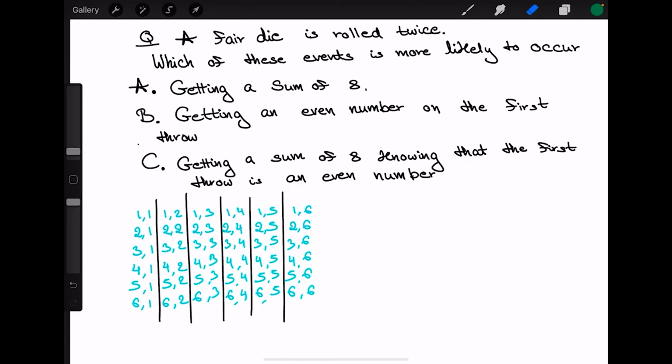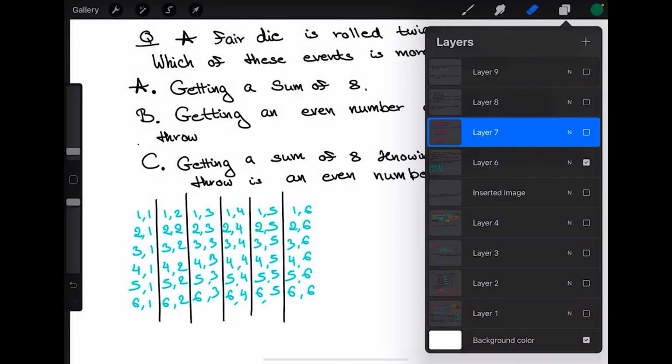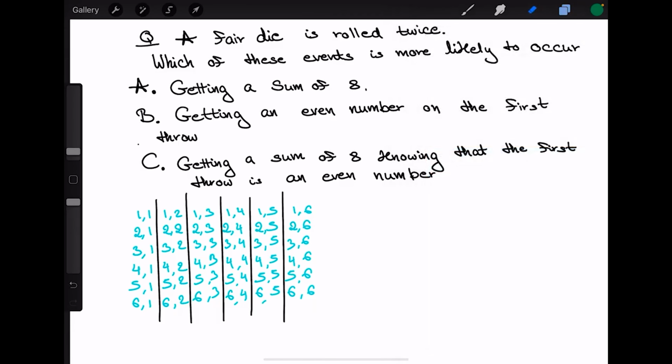Now, sadly, for questions such as this, you might have to write all the possible events that may occur. So 1 1, 1 2, 1 3, 1 4, 1 5, so on and so forth. And then you find right here all the values that give you 8, which is 6 2, 5 3, 4 4, 3 5, and 2 6.